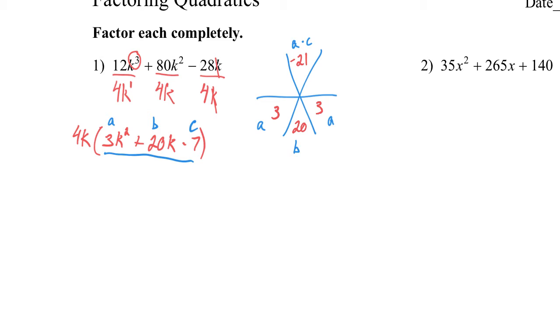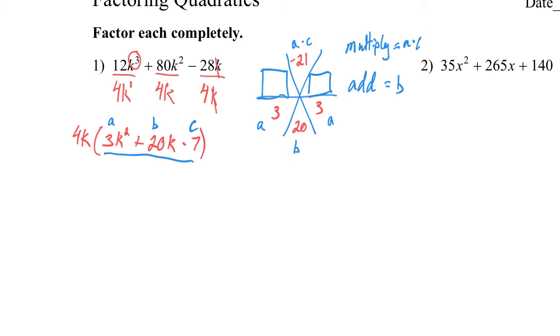You want them to multiply to equal A times C, the number on the top, in our case negative 21, and you want them to add to be equal to B, the bottom number.